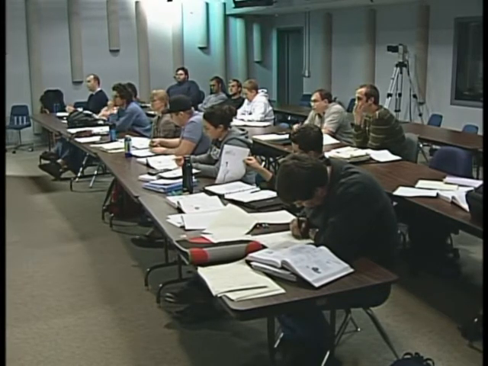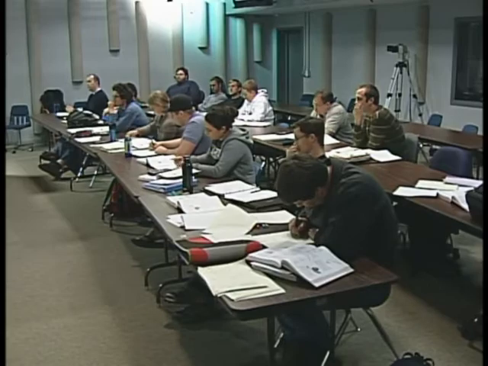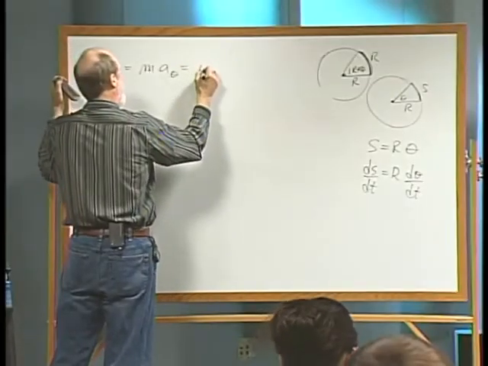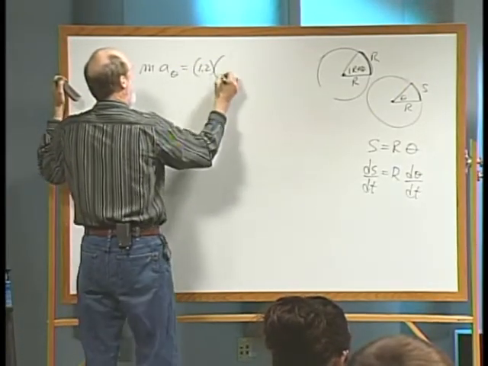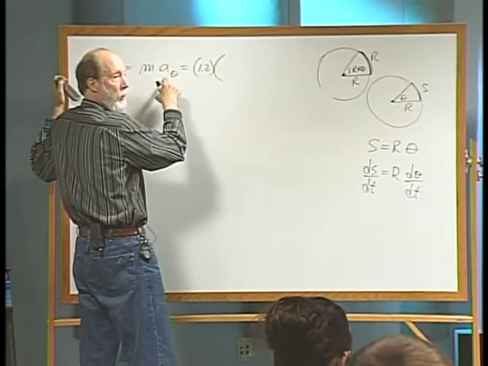So F sub theta must equal the mass times the theta directed acceleration. So we have our 1.2, and our theta directed acceleration, remember, was r theta double dot.